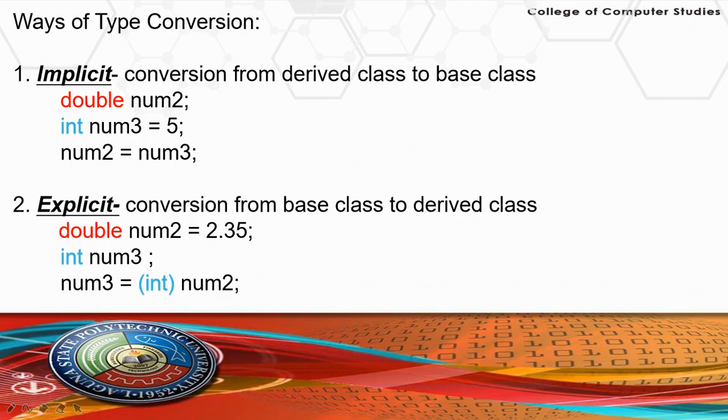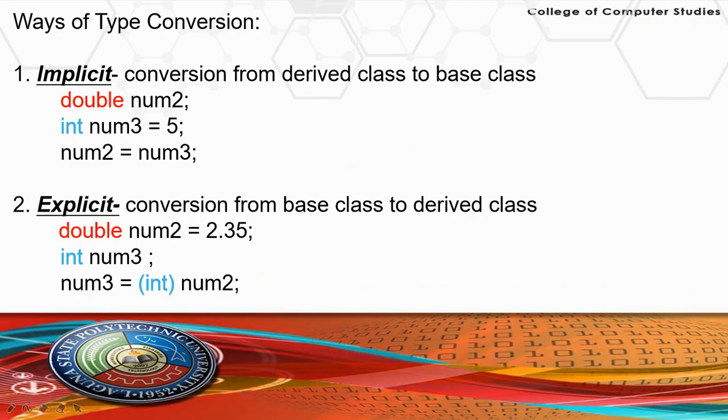There will be no problem because even though num3 is of type int and num2 is of type double, this will still work due to implicit conversion. So automatically, num3 here is treated as double. Okay?